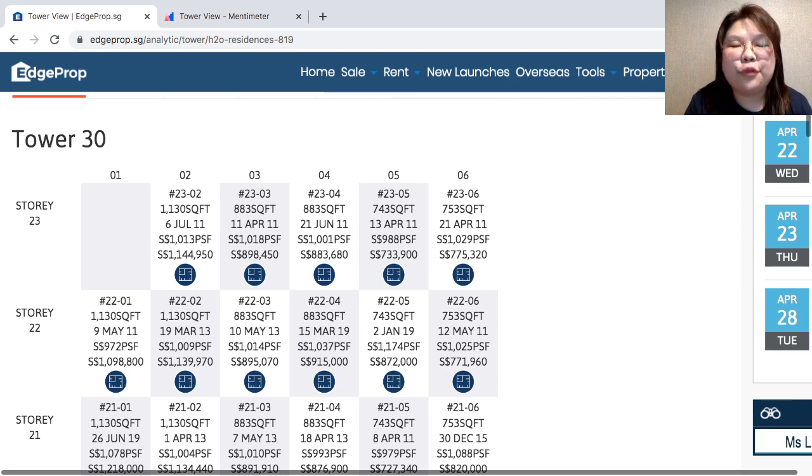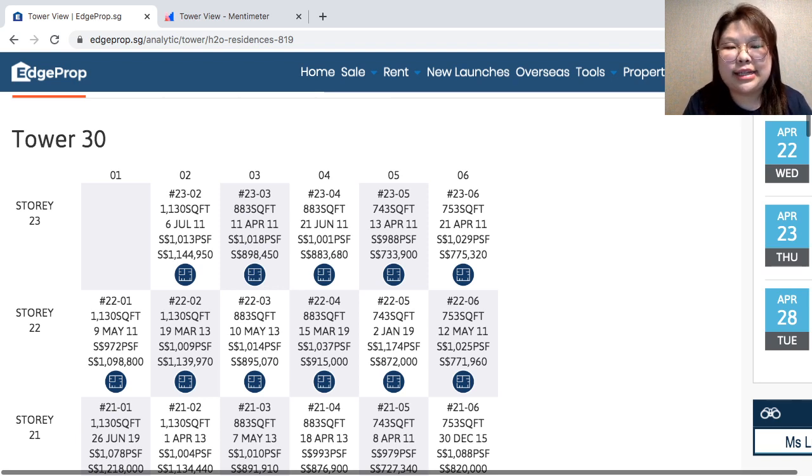For full cash transactions without a loan, these buyers actually have an option whether or not to caveat the transaction. If they choose not to caveat it, we will not be able to see the transaction here. So this is the very first and most common reason for grids that are empty.